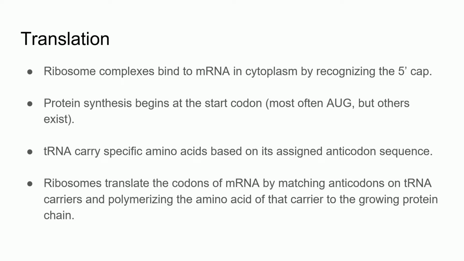Ribosomes recognize the 5' cap of the mRNA and read along until they get to the start codon, typically an AUG sequence, which codes for the methionine amino acid. The ribosome then begins the translation process, moving along the mRNA one trinucleotide codon at a time, adding one amino acid to the protein chain per codon, until it reaches the stop codon.